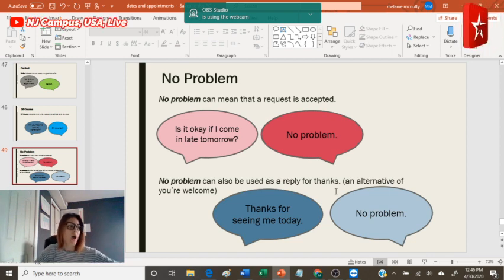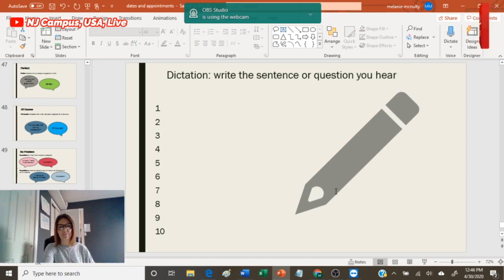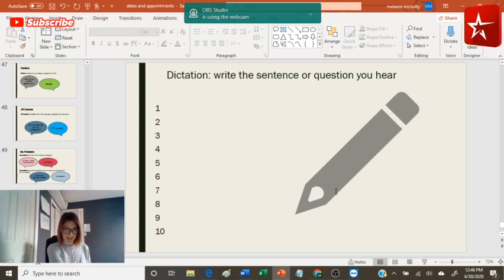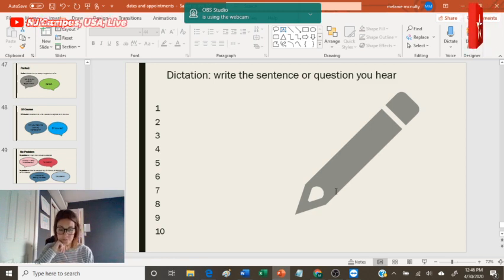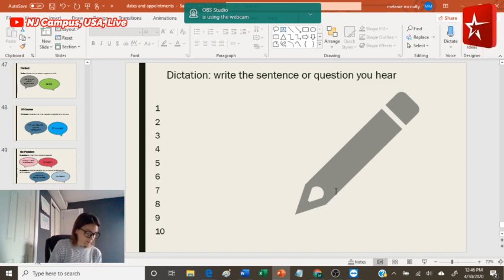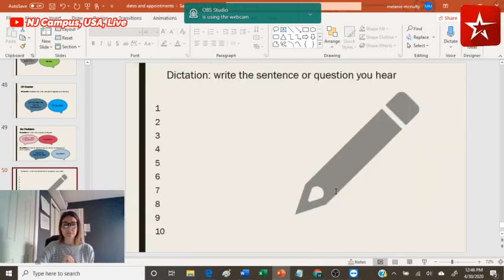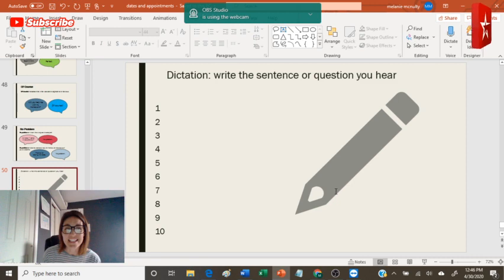And now I want to see if you can write down the phrases. See if you recognize them when I say them. So see if you can hear the word correctly and write it down. Okay, so there are some questions and some sentences.